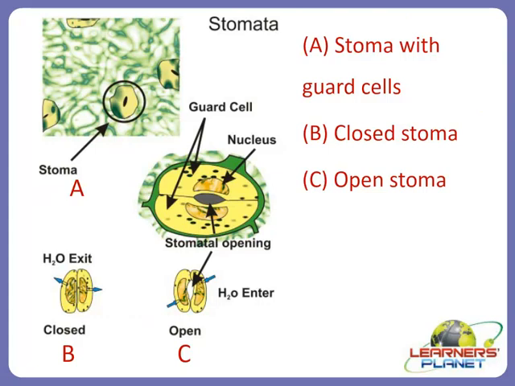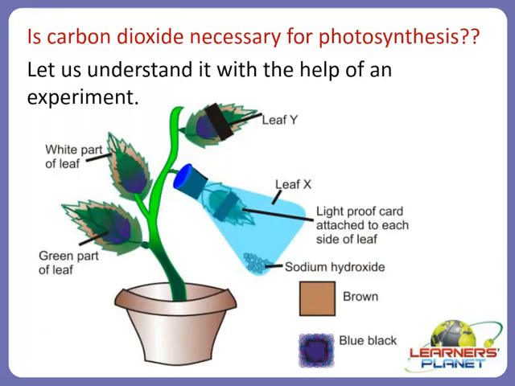So all such things, that is, the stoma is regulated by the guard cells. So this was all about the carbon dioxide, which acts as a necessary condition or factor for carrying out the process of photosynthesis. Now let us discuss one such experiment in which we can prove that carbon dioxide is necessary. So is carbon dioxide necessary for photosynthesis?